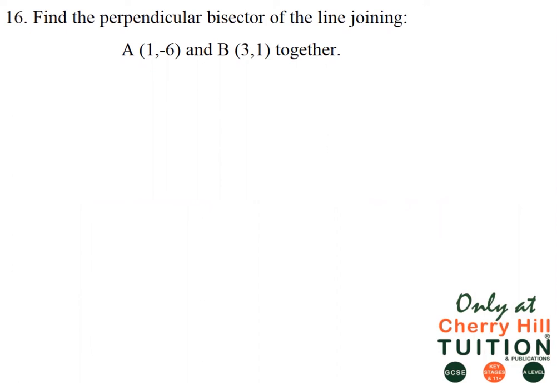Question 16, find the perpendicular bisector of the line joining A and B together. Okay, so we need to work out two things in order to work out the perpendicular bisector. So we're trying to get to the point where we can use this equation to work out the equation of the perpendicular bisector.